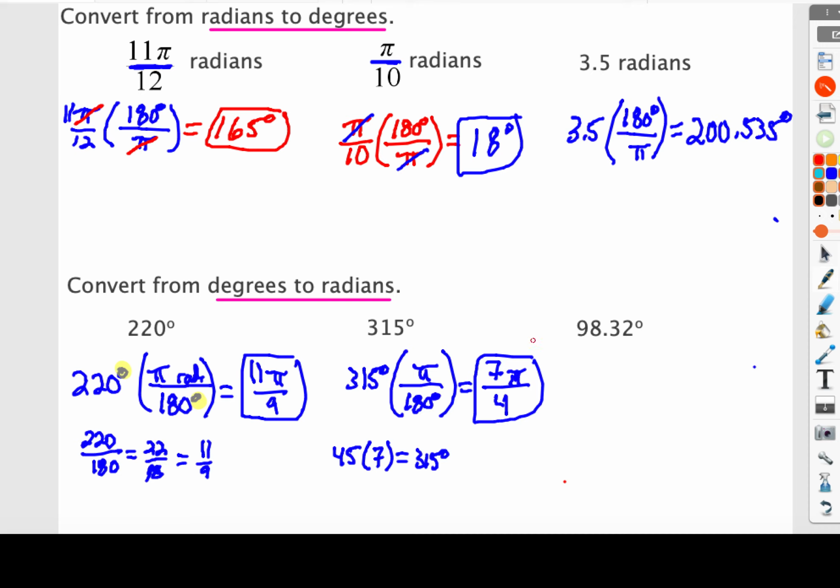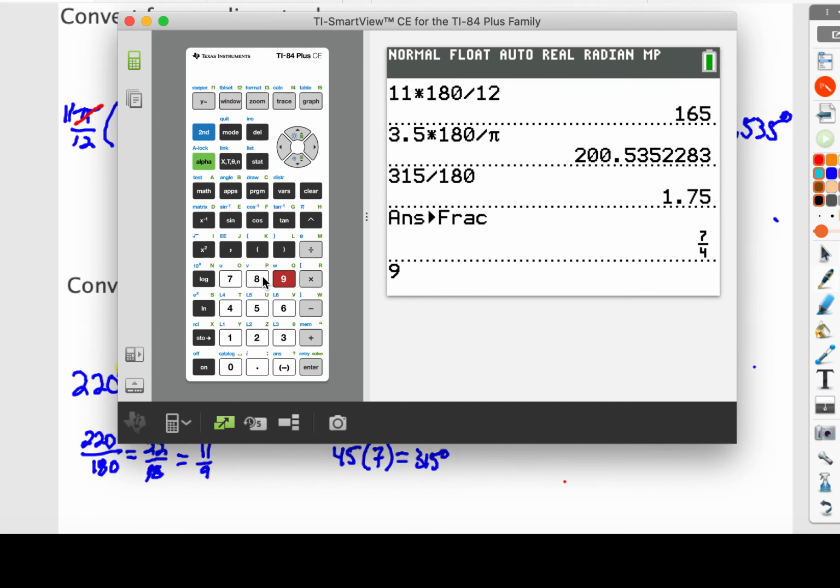Now, with this last one, just because it is a decimal already, we'll find a decimal measurement similar to up top there for our radian measure. We're still going to multiply by pi. We're still going to divide by 180. Only now, since we started with decimals, let's end with decimals. So let's go ahead and say 98.32.